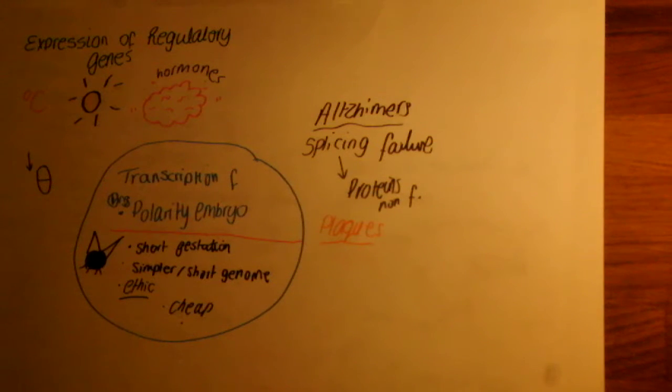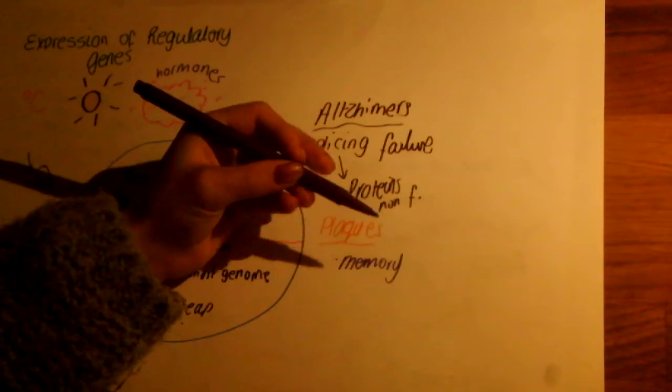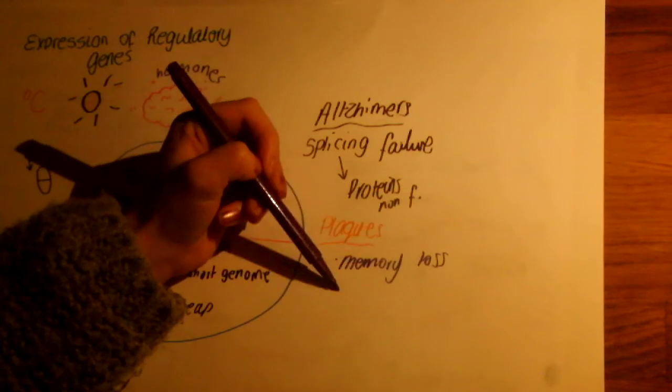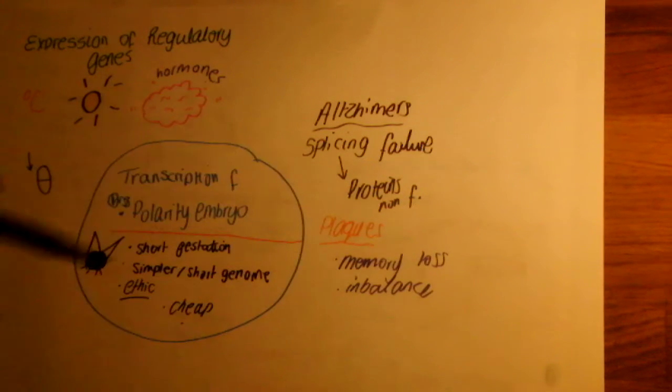The most prominent symptom is memory loss, but also imbalance, so people losing their stability. These plaques are easy to see under a low powered microscope.